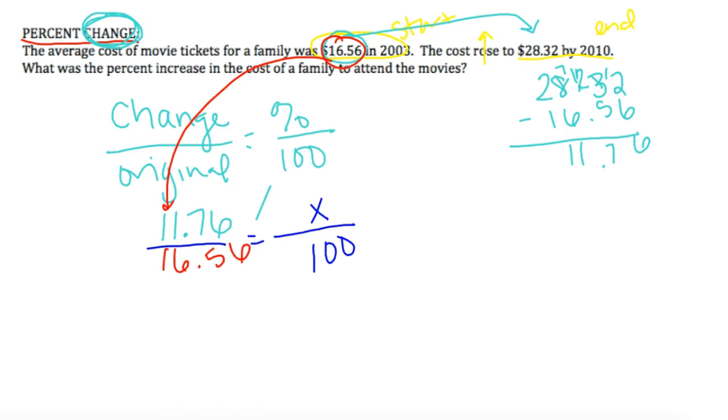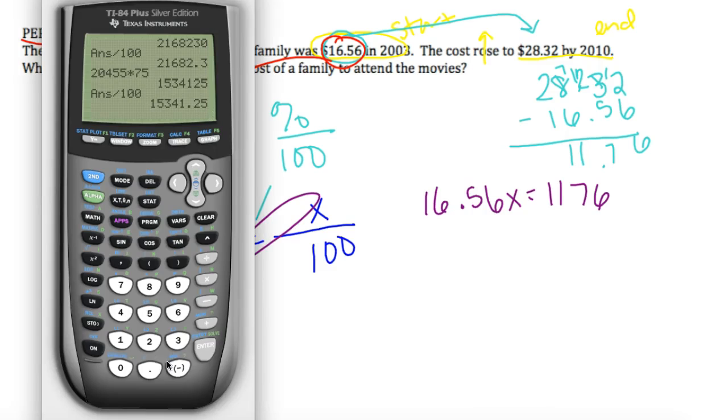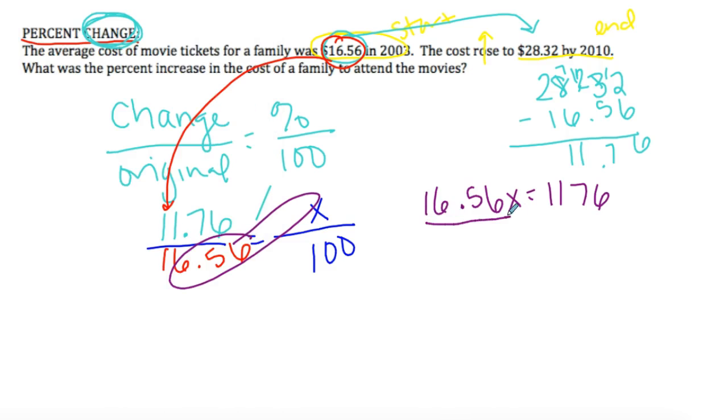And once I get everything put in the correct spot, I'm going to go ahead and cross multiply. So I get 1656 times x is equal to $11.76, that's how much we changed, times 100, which is 1,176. Now we're going to go ahead and divide by the number in front of x.